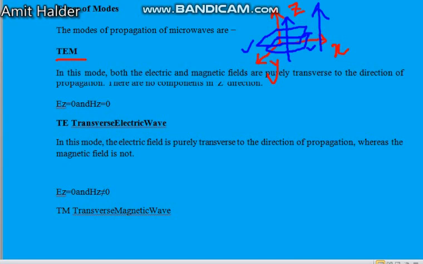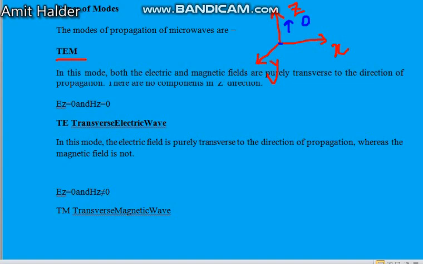Now think about it. Just forget about the plane that has been created here, what is known as the transverse field? If there are no components propagating through the z direction, if it is 0, then it is purely transverse to the direction of propagation; there are no components in the z direction.